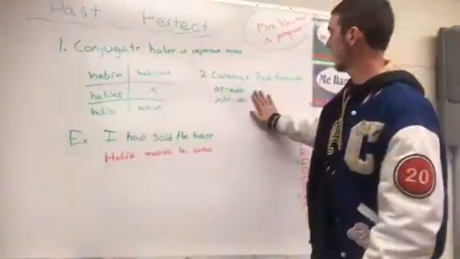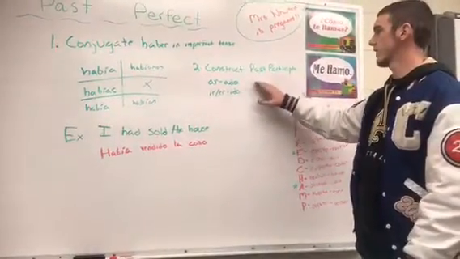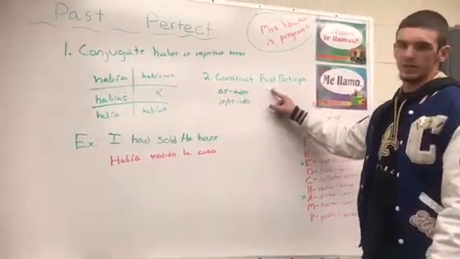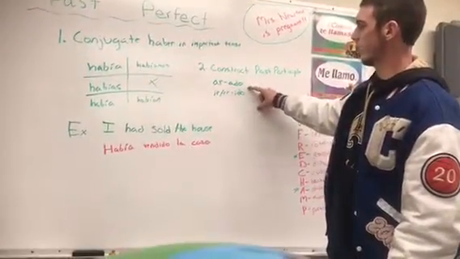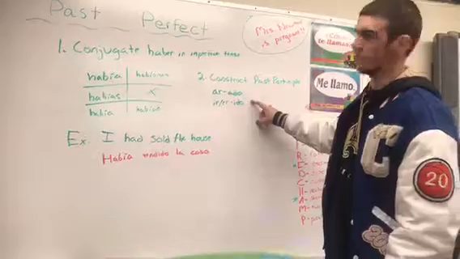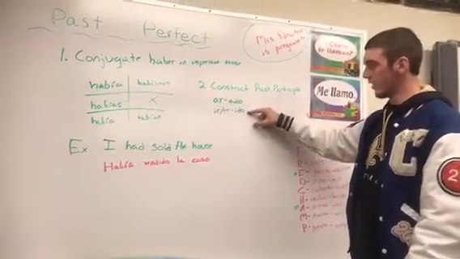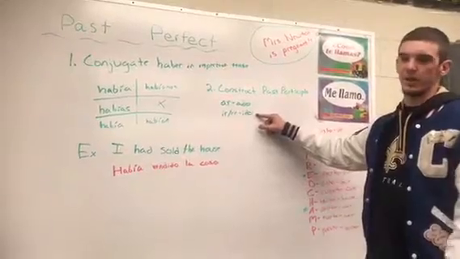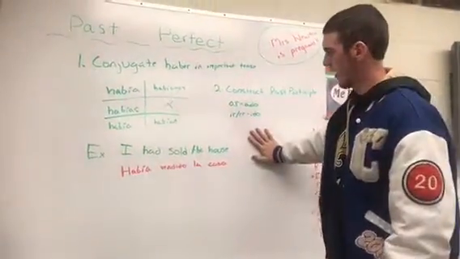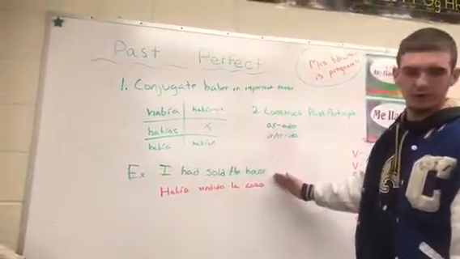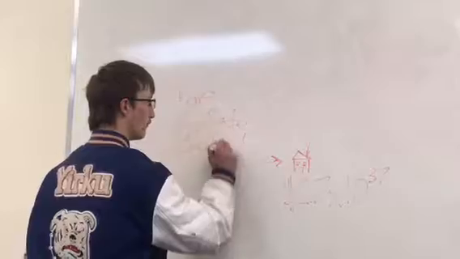And the second thing you do, just like the present perfect, you construct the past participle by taking your infinitive and for whatever ending it has, you chop that off, and for AR you add ado, and for IR or ER you add ido. And just a little example, I had sold the house.